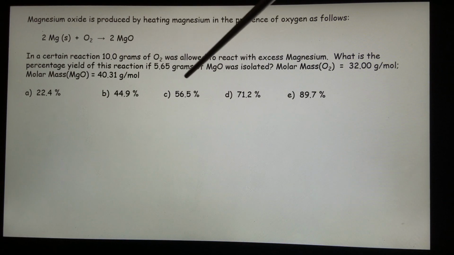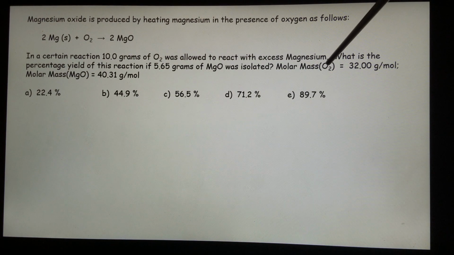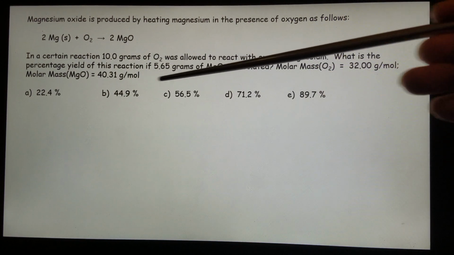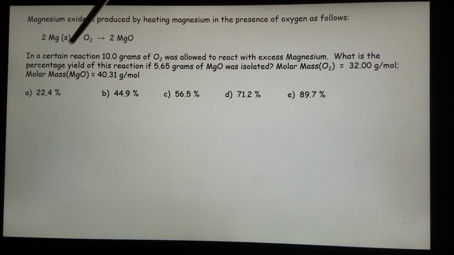This is the actual yield. Now we know the molar mass of both the oxygen molecule and magnesium oxide. Even if the molar masses are not given, you can easily obtain them from a copy of the periodic table. And here are the 4 choices.